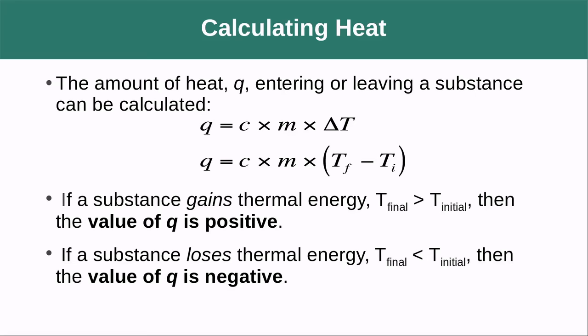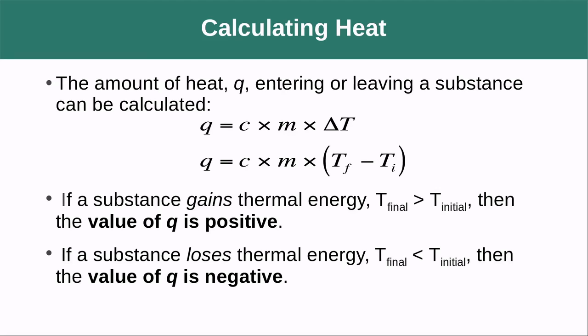The change in temperature we're always going to calculate as the final temperature minus the initial temperature. So if the substance gains thermal energy, the final temperature is going to be higher than the initial temperature, then the value of Q is going to be positive. So when energy is going into the system, we get a positive heat.